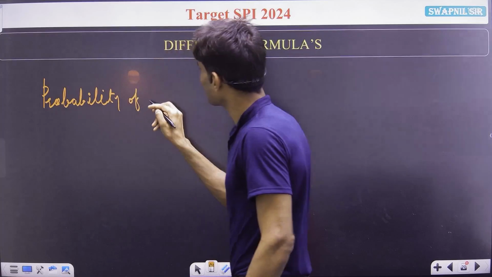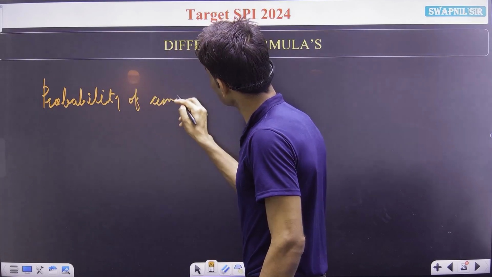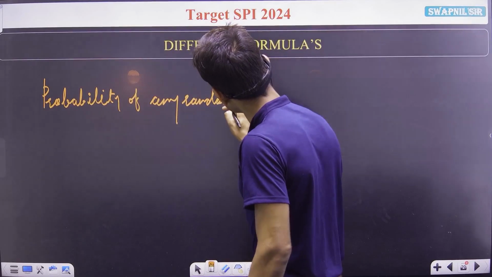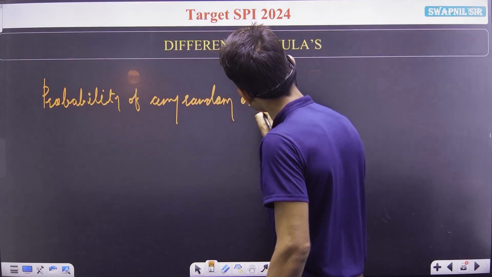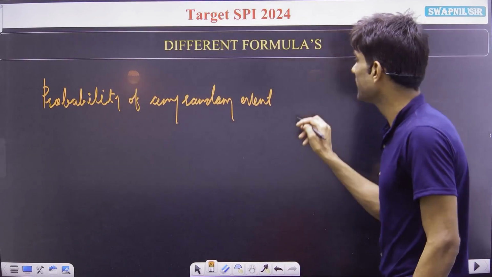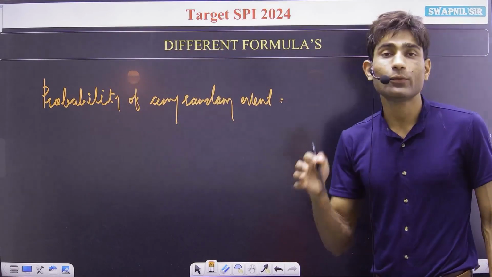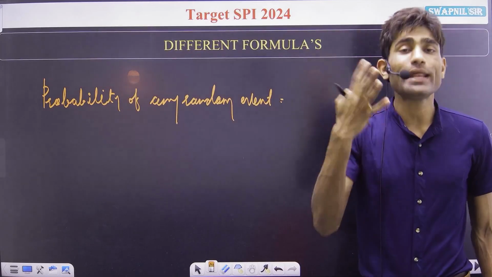We write the number of favorable outcomes.